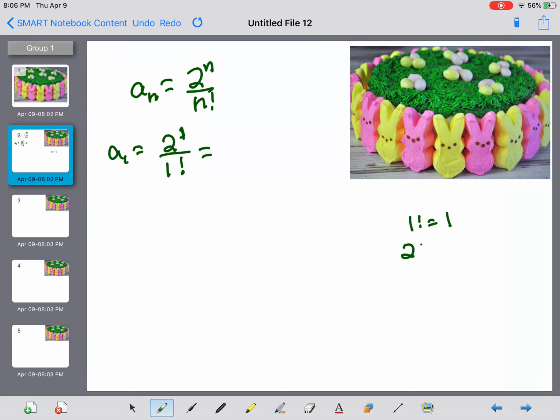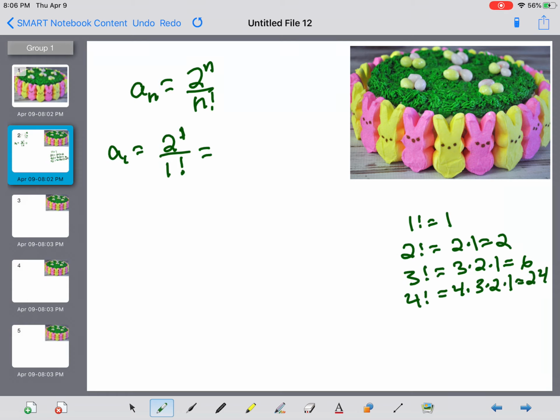By the way, 1 factorial just means 1. 2 factorial is 2 times 1, or 2. 3 factorial is 3 times 2 times 1, or 6. 4 factorial is 4 times 3 times 2 times 1, which is 24, and so on. Oh, by the way, 0 factorial is defined to be 1. It's not 0, it's 1 to make our operating system work.